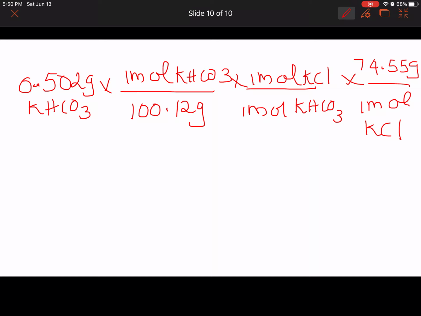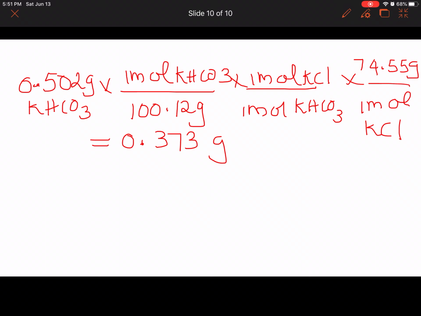So 0.502 times 74.55, and you divide it by 100.12. Okay, that looks like it. We're going to keep it in 3 significant figures, 0.373 grams.